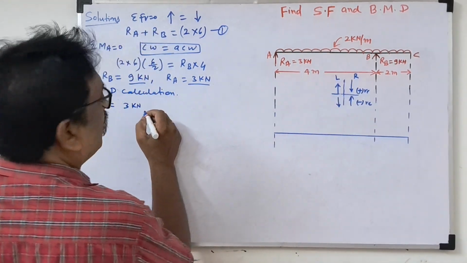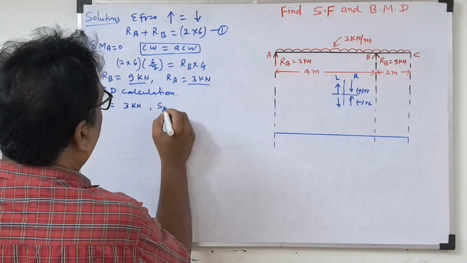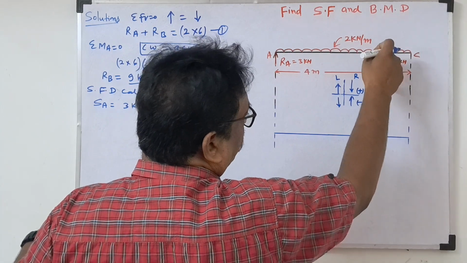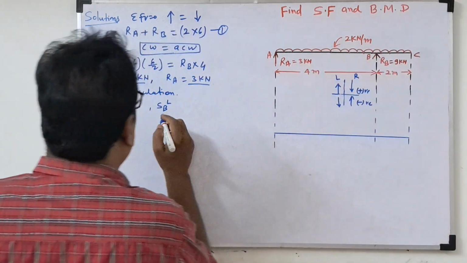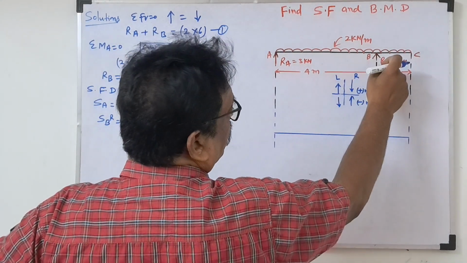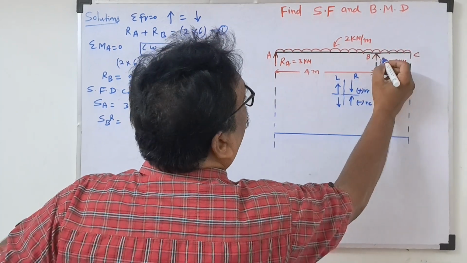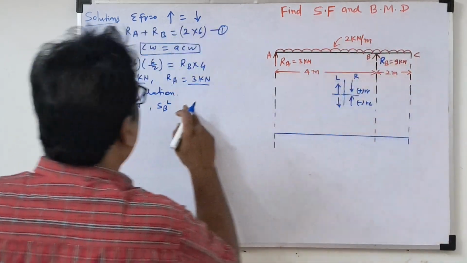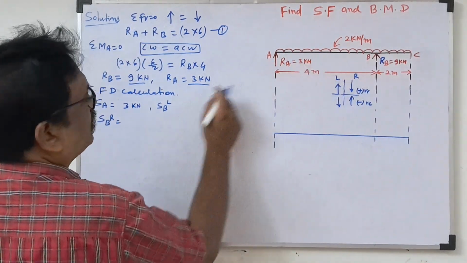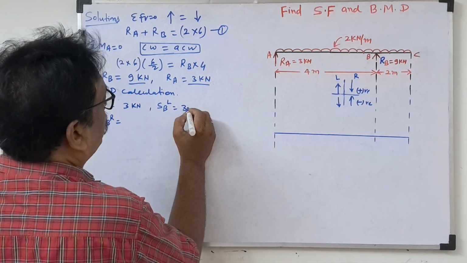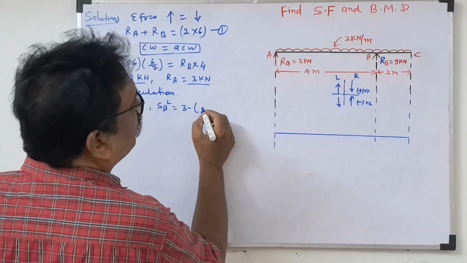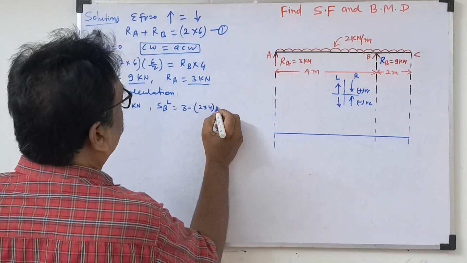Now SB. We will take SBL, which means the support reaction at this point is not taken, only the UDL. If we take SBR, then this vertical force RB will also be considered. So SBL is just before this point. Shear force at this point is 3, minus the downward force of the UDL, 2 into 4, 8.